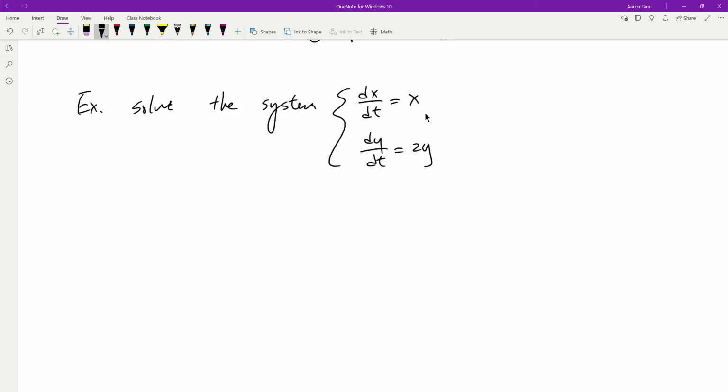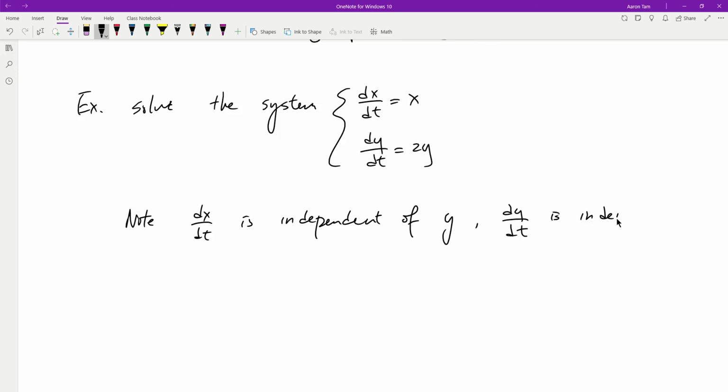So this is quite easy to do because the two derivatives are independent of each other. So note, dx over dt is independent of y, and dy over dt is also independent of x.